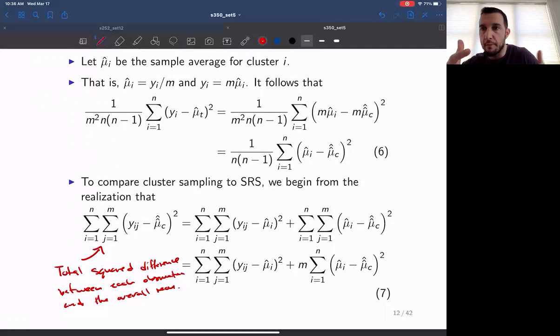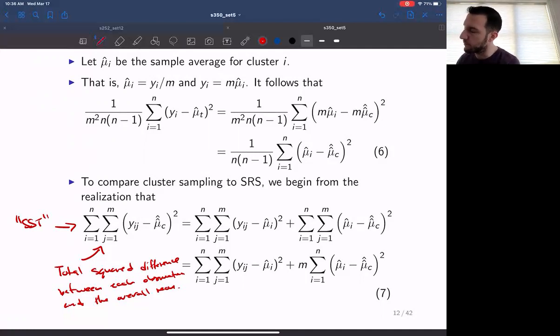Okay, so we're setting up a complete decomposition of the sum of squares, right? So this thing here is also effectively our SST from our traditional ANOVA studies. Okay, we can show that this is decomposed as is described in equation 7, right?